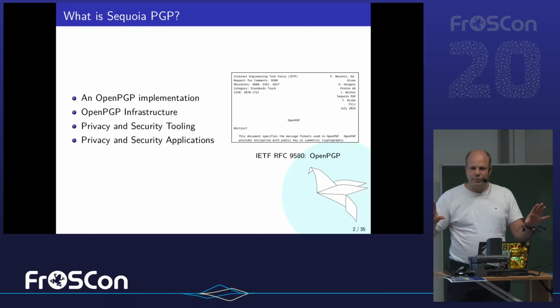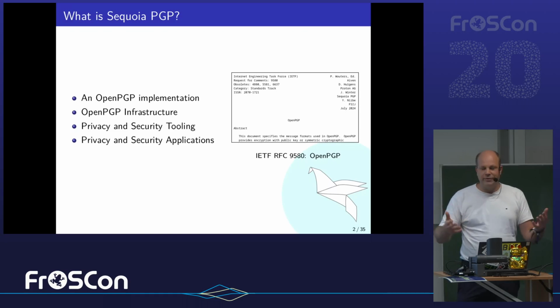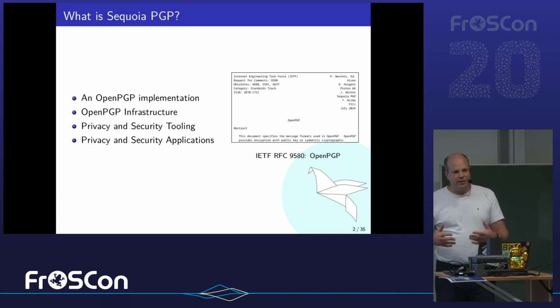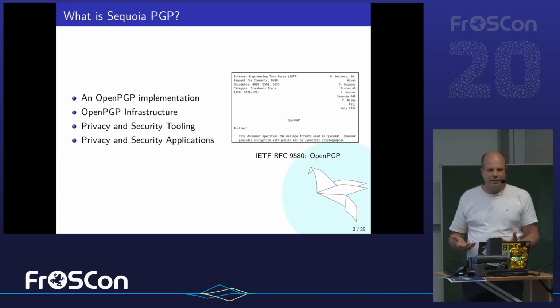So we have a low-level library at the bottom. This is the implementation of OpenPGP, and it provides an interface to applications. By itself, a wire protocol is really low level, and there's a lot of logic that you want to add on top of it. So we built a whole bunch of OpenPGP infrastructure. There are higher level libraries.